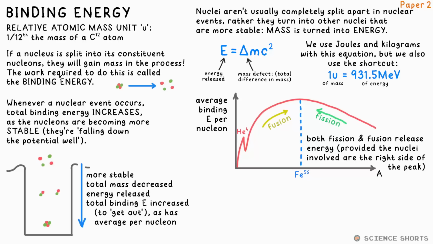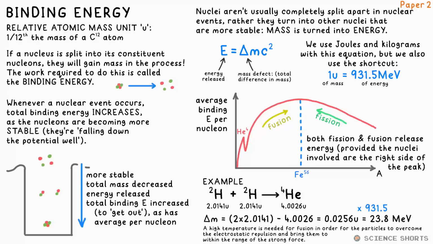Fission is the splitting of a nucleus, whereas fusion is the joining together of them. In both cases, energy can be released so long as the binding energy has increased. They fall down this imaginary potential well, and therefore climb this curve. That means the isotopes to the left of iron 56 release energy if they undergo fusion. To the right of it, the same is true if they undergo fission instead.